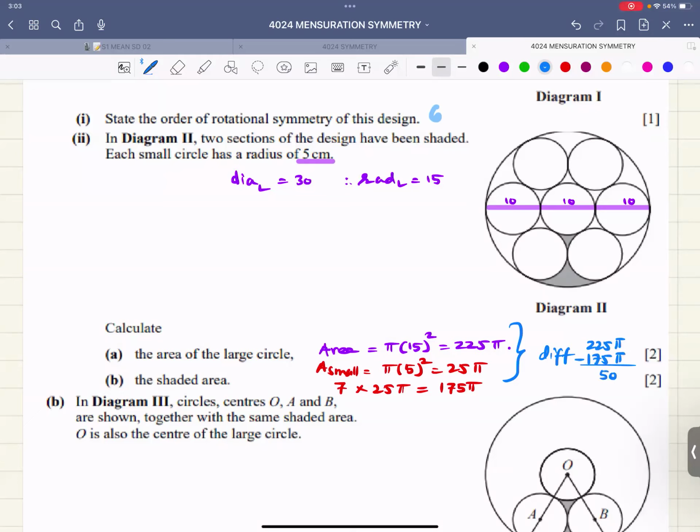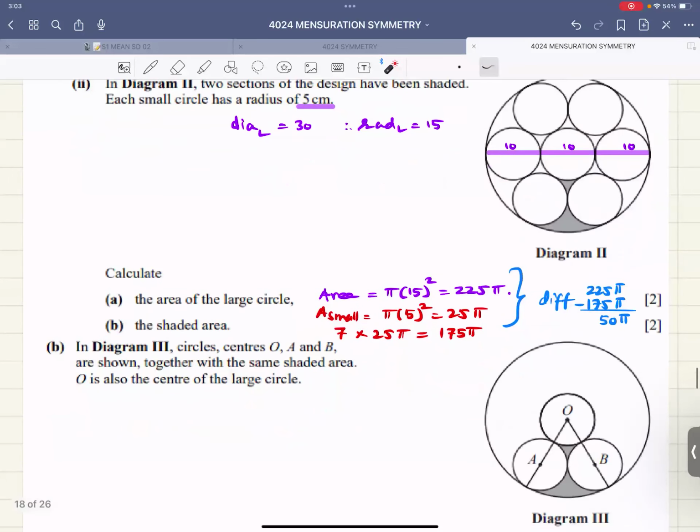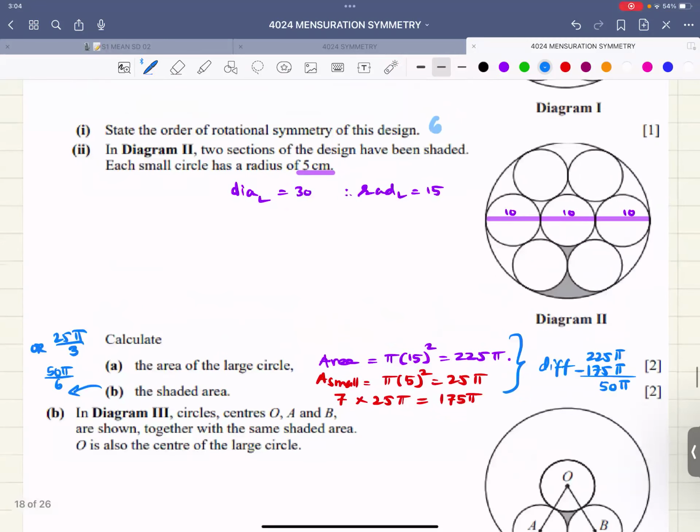That comes out to be 50 pi. But how many such areas will be here? 6. This is one area. This is the other one. Third, fourth, fifth, sixth. So therefore, the shaded area is 50 pi divided by 6, which can also be written as 25 pi over 3.